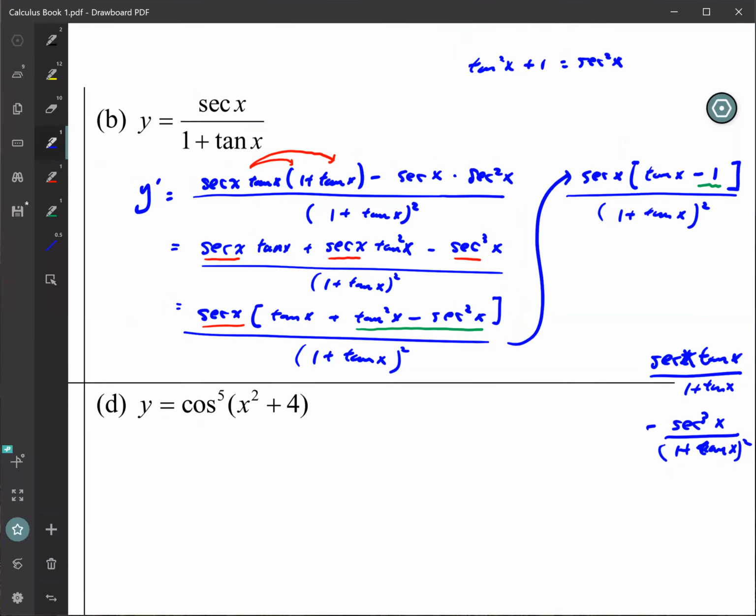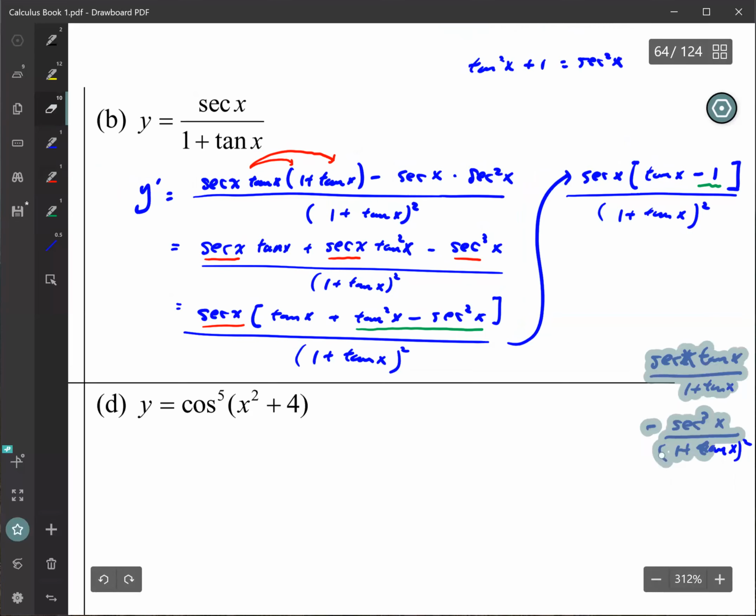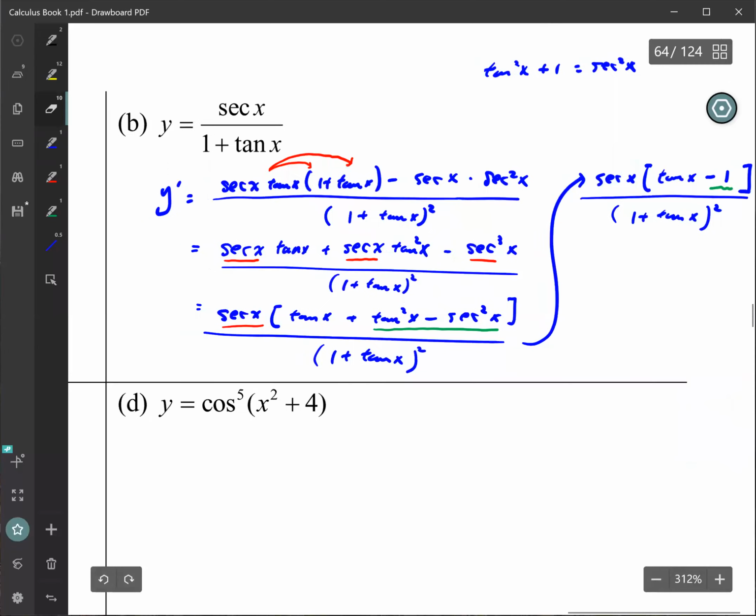Okay, so I think that's as far as you need to go, because even if we expand the bottom, it doesn't cancel out anything. So we'll move on to the next one. Remember for homework, you have to keep thinking, is there any identity we can use to simplify more?